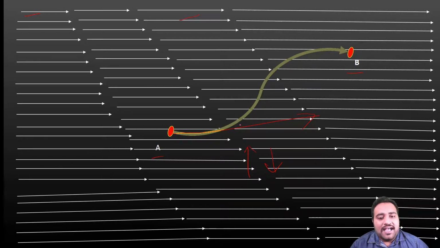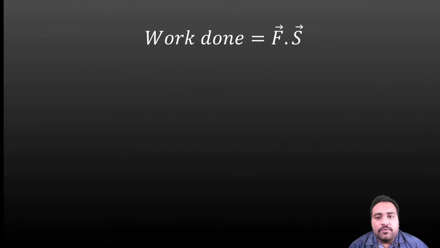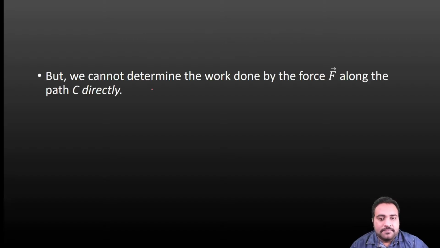Now, I asked you to determine the work done by this force in moving a body from point A to point B. We know work done equals force dot displacement. But in our problem, the force is not a constant vector, but instead a vector field.